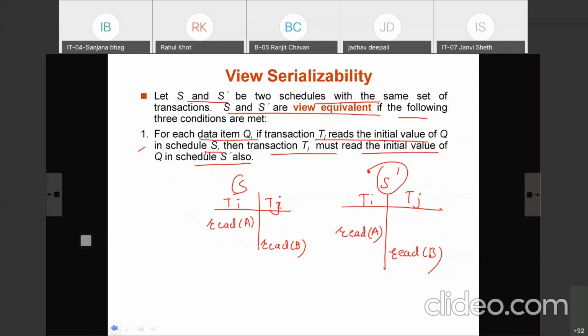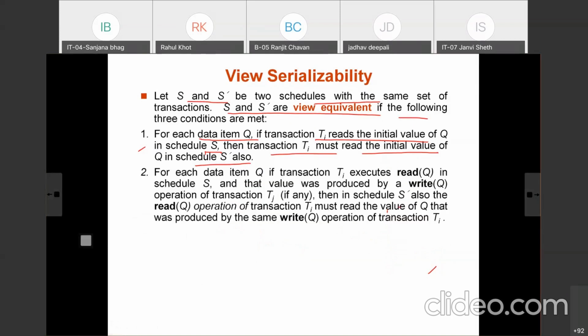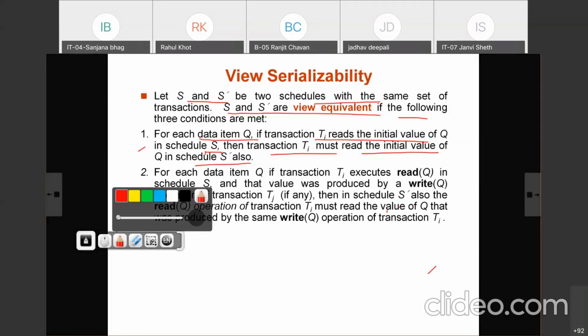Now the next one. For each data item Q, if Ti executes read Q in S, and that value was produced by a write Q operation of transaction Tj, that is, Ti reads the value of Q which is written by transaction Tj in S, then in S dash also Ti reads the value of Q which is written by transaction Tj.